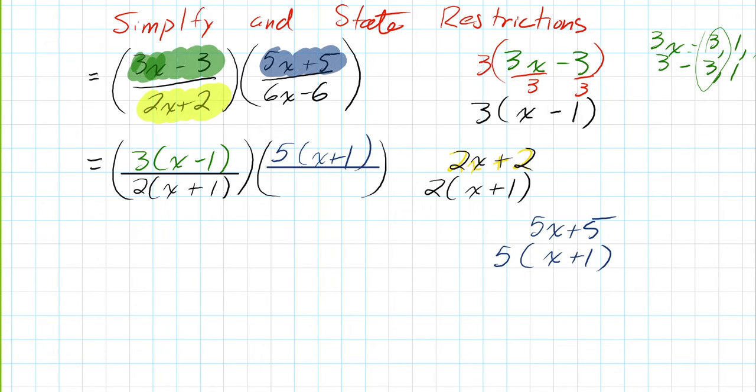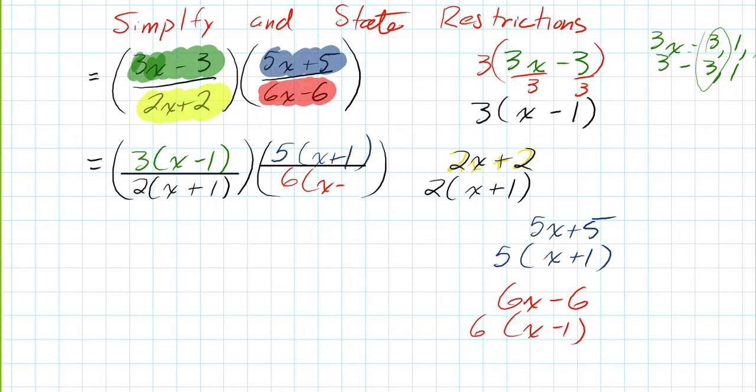And then our denominator on the other side will be 6x minus 6. Same concept, 6 is going to come out and we'll have x minus 1. So we get 6 times x minus 1.